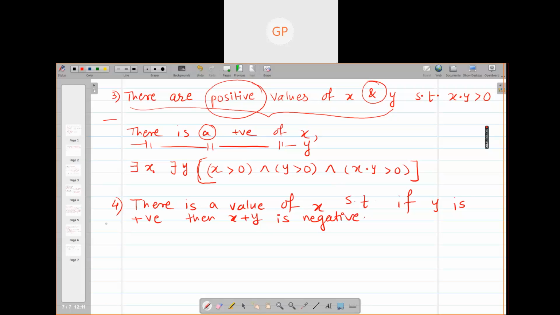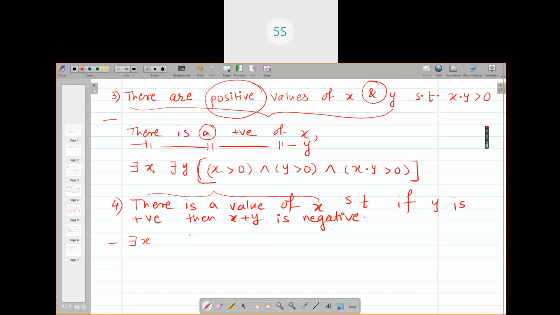How will you translate this? There is a value of x means there exists x. What about y? Y is greater than 0.